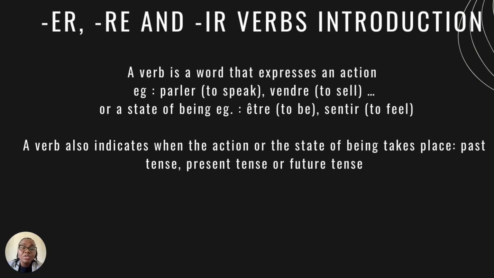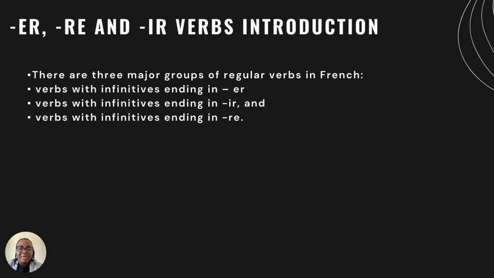A verb also indicates when an action or that state of being takes place, and that is the tense, whether past tense, present tense, or future tense. In this lesson, we are looking at the present tense. The regular verbs we are looking at are grouped into three major groups.